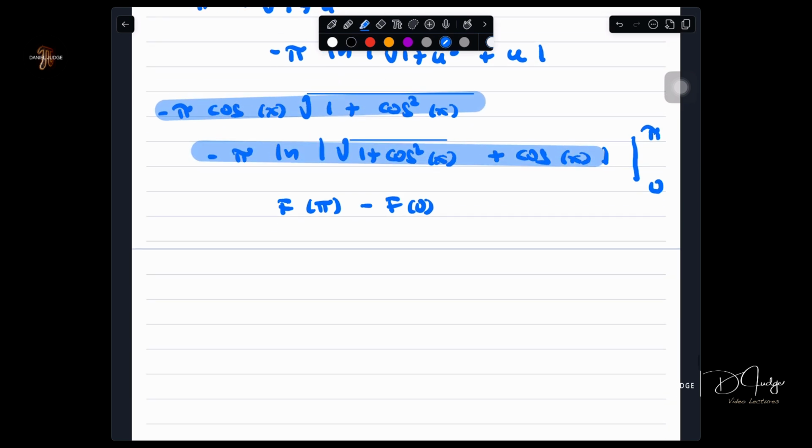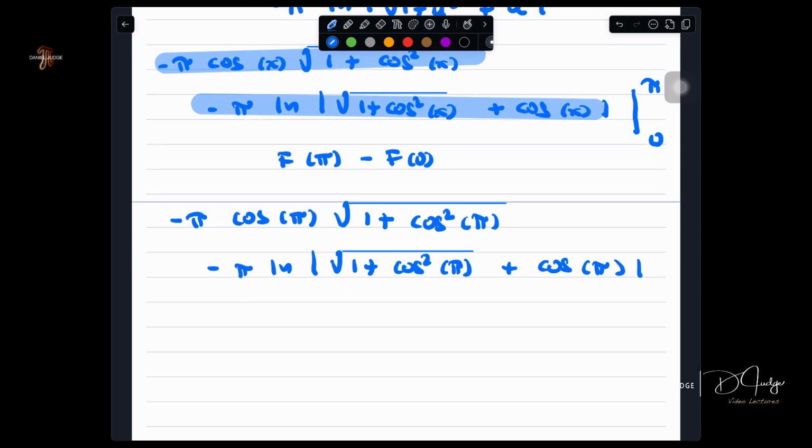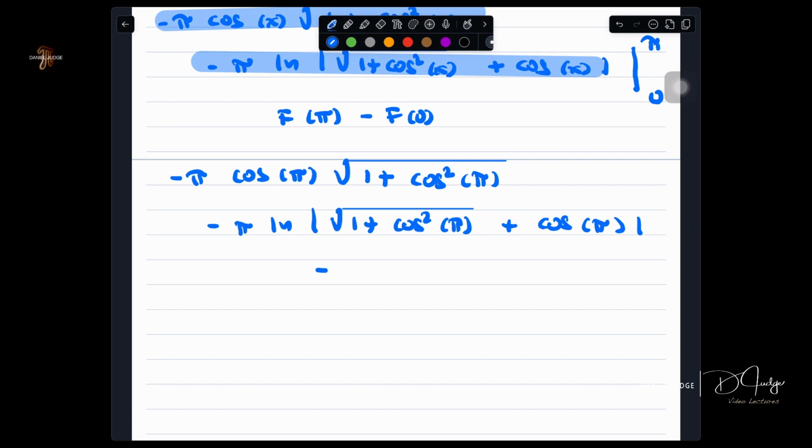Okay. All right, so let's try to get these values. Square root of 1 plus cosine squared pi, okay, so this is the first part minus, I'll put a parentheses, f of 0.